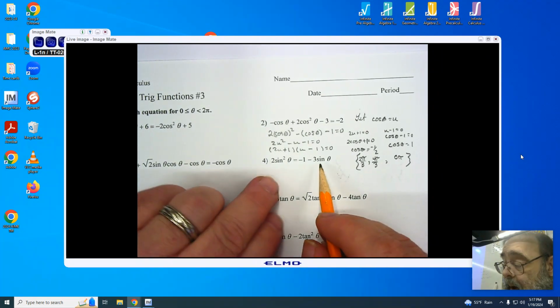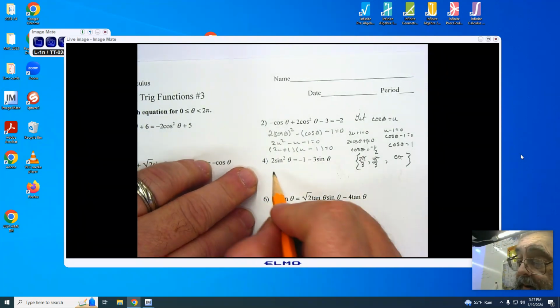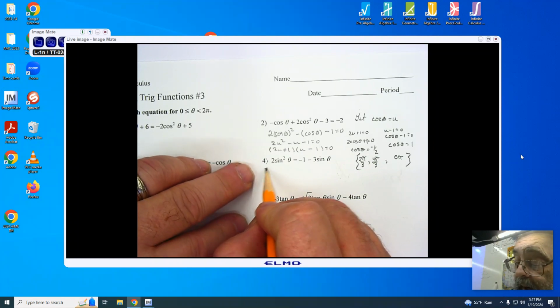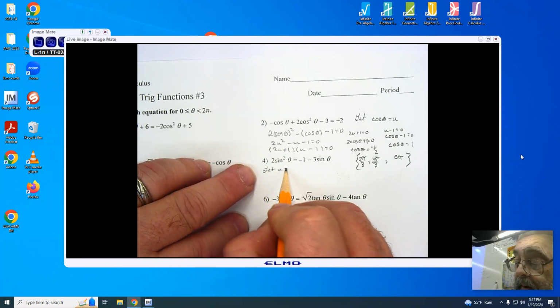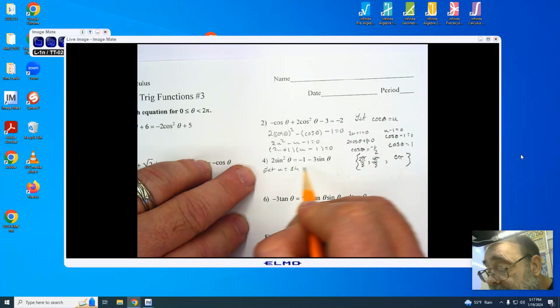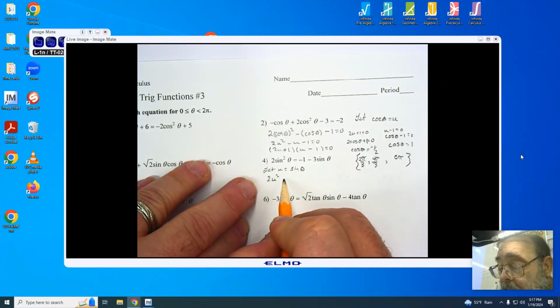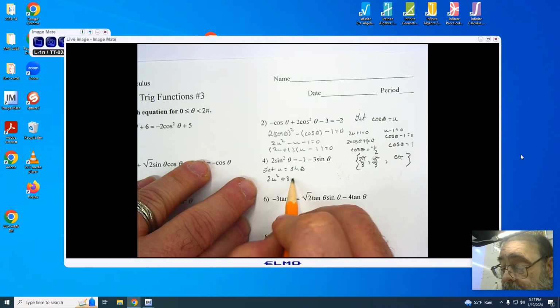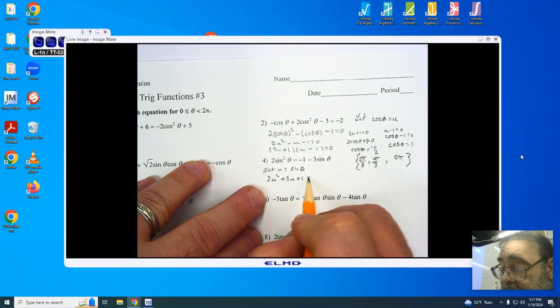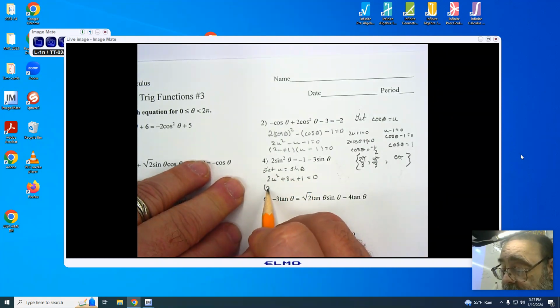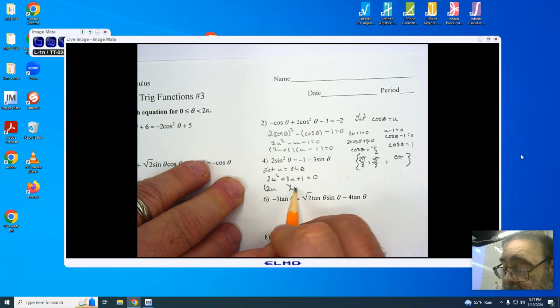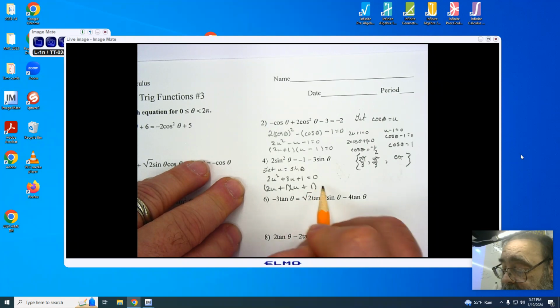Number 4, I'm going to do the same thing. So I'm going to let u equal the sine of theta, and I'm going to put that in as 2u squared plus 3u plus 1 equaling 0, and I'm going to factor 2u, u, 1, and 1 with a plus and a plus.